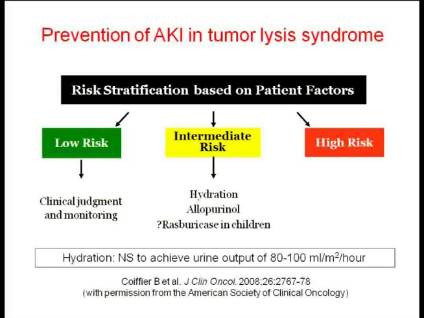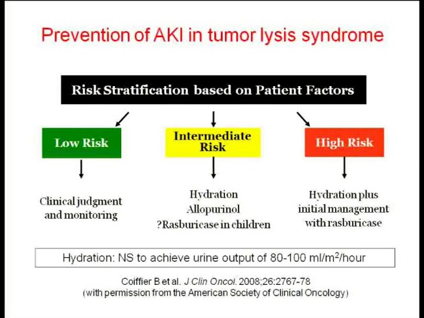Allopurinol works quite well in these patients. And it's certainly cheaper than rasburicase. So their recommendation was to use rasburicase in children because there are more data in children, and to use allopurinol in adults. Now, as you move to high-risk patients, then the recommendation from this group is to use rasburicase.